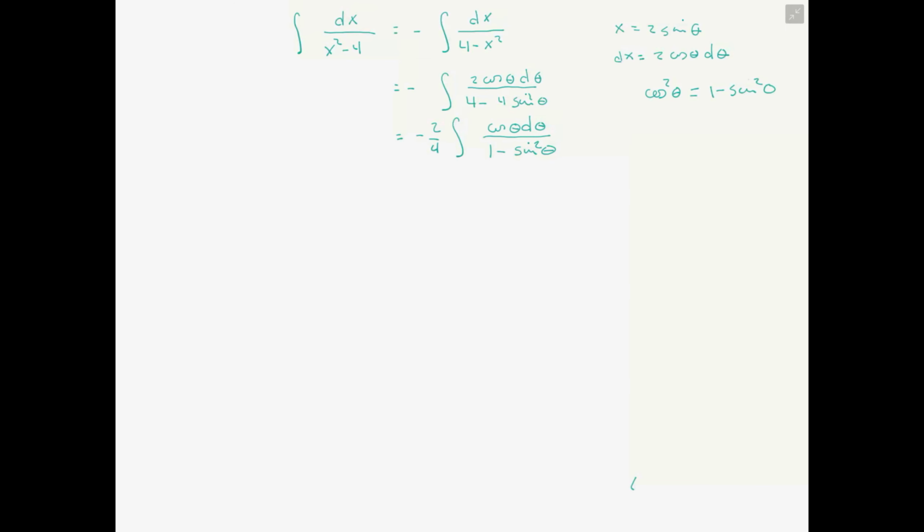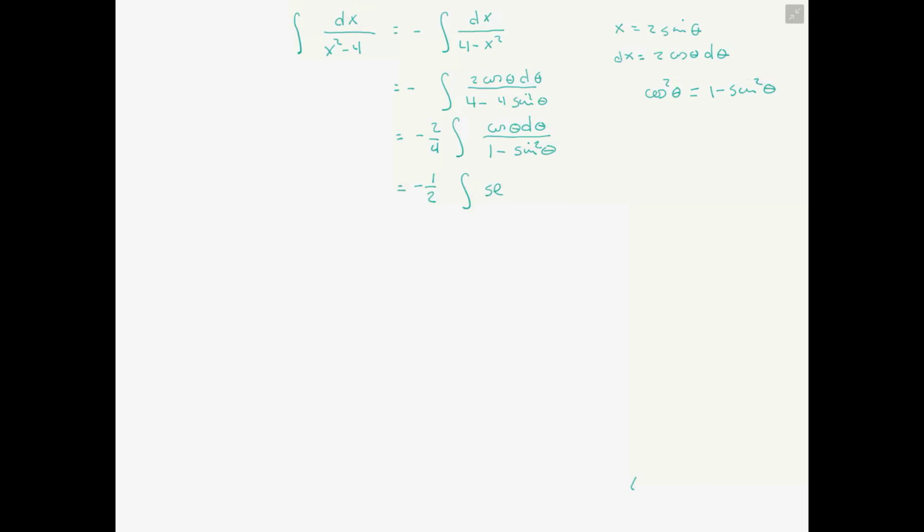2 and the 4 equals minus 2 on 4 cos theta d theta on 1 minus sine squared theta, and we have cosine squared theta equals 1 minus sine squared theta.